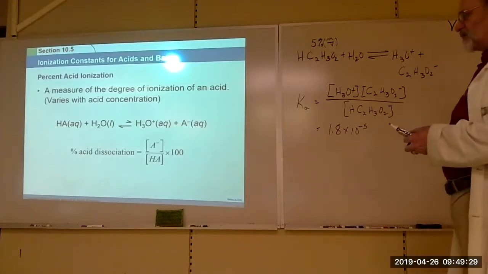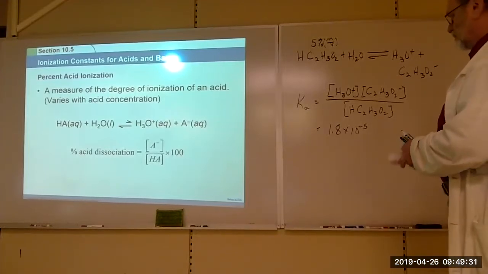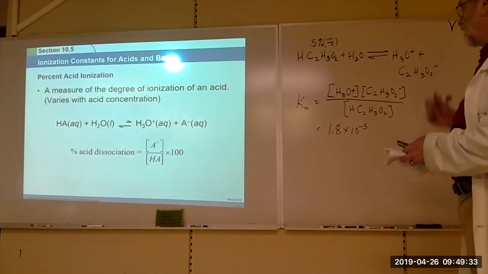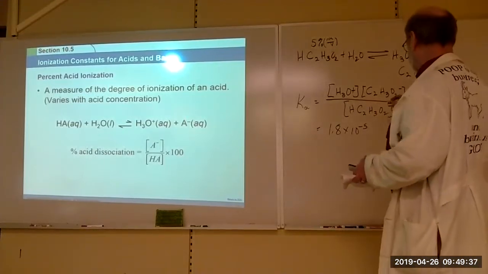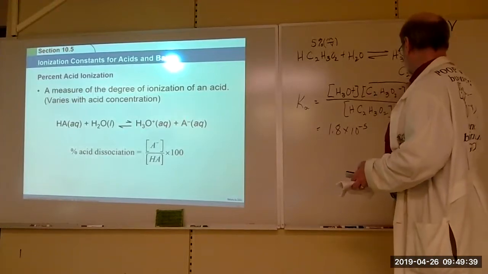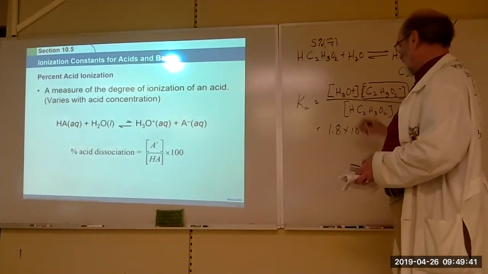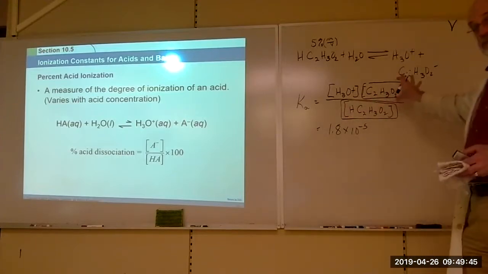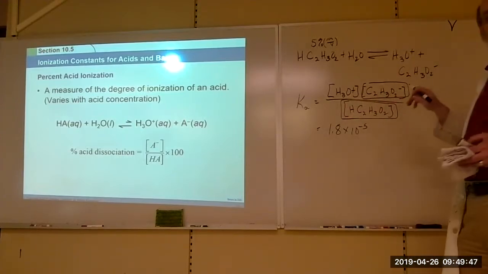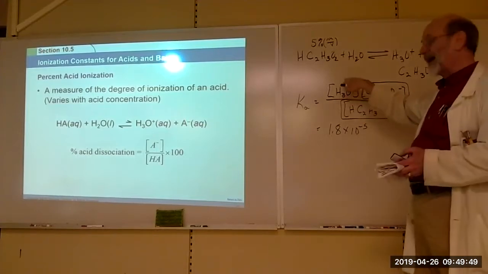Percent ionization is a different concept. It simply means that we take this value and divide it by this value at equilibrium and times 100. So we leave this part out.